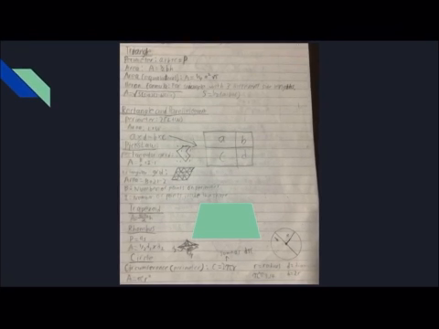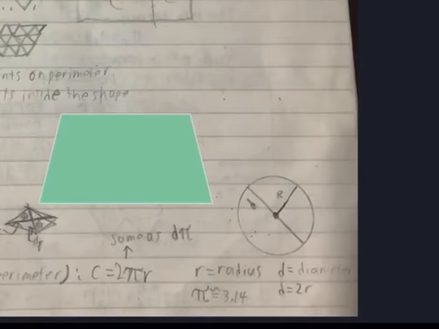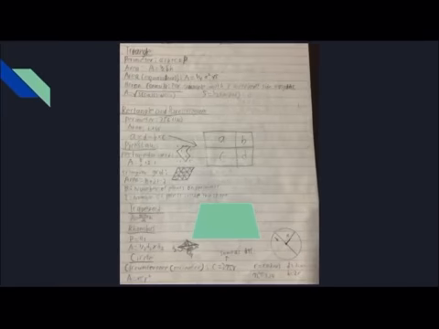So r is the radius, d is diameter, and diameter is also 2r. Pi is around 3.14. And right here I have a diagram of what the radius and the diameter are. And the dot in the middle is the midpoint of the circle.